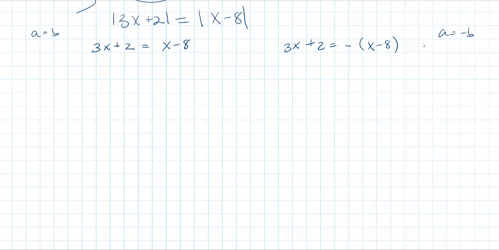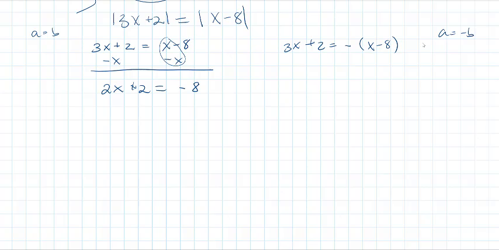So let's start here on the left. We'll use our usual tricks for solving linear equations. Let's use the addition or the subtraction property. We'll subtract x from both sides. So on the left we have 3x minus 1x, so we're left with 2x plus 2 equals, these two x's now cancel, so it equals negative 8.